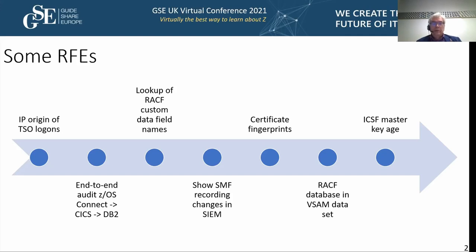So then you can go from one segment to another and enrich your reports with stuff from the custom field names. And that typically is things like an employee number or department or whatever.